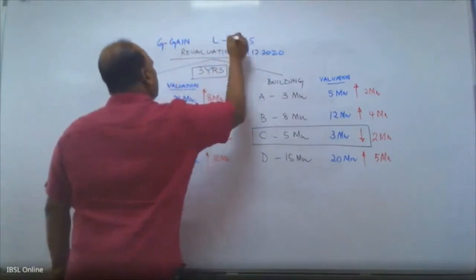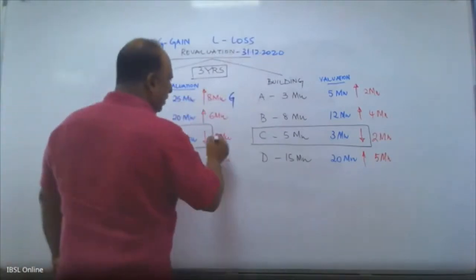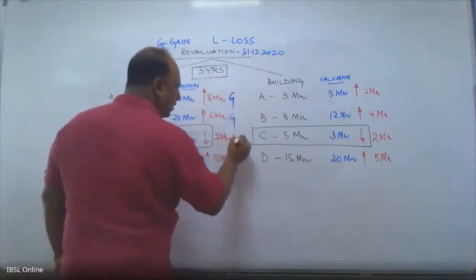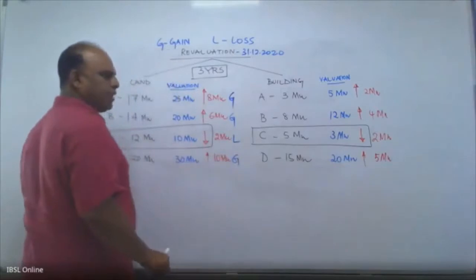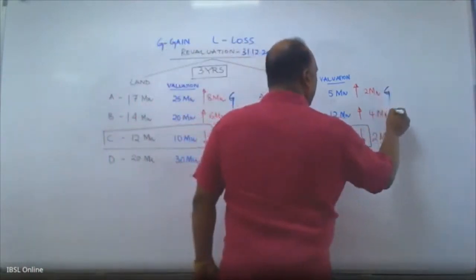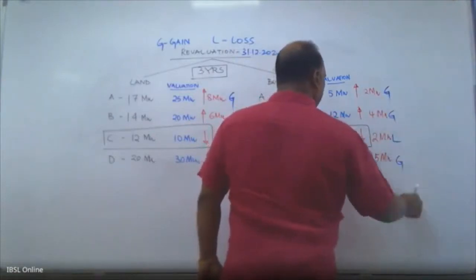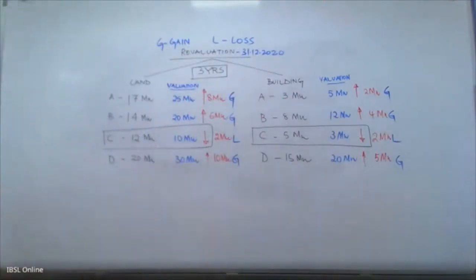So you have a revaluation gain of 8 million, a revaluation gain of 6 million, a revaluation loss of 2 million, a revaluation gain of 10 million. And here, a revaluation gain of 2 million, a gain of 4 million, a loss of 2 million, a gain of 9 million. So ultimately, when you look at the financial statements for the year ended 2020, what will happen?